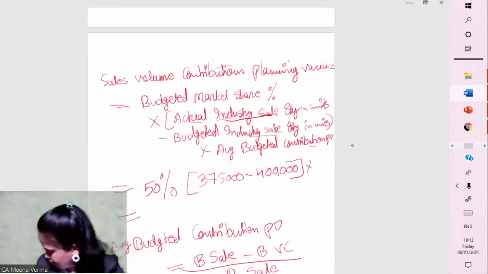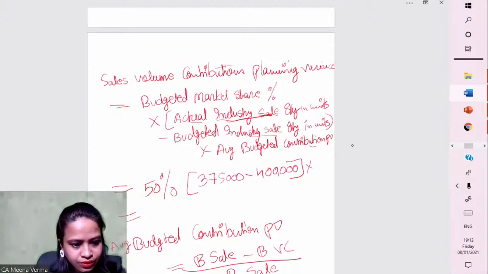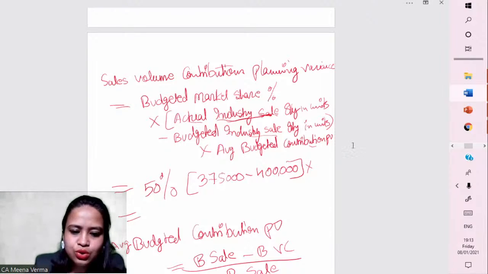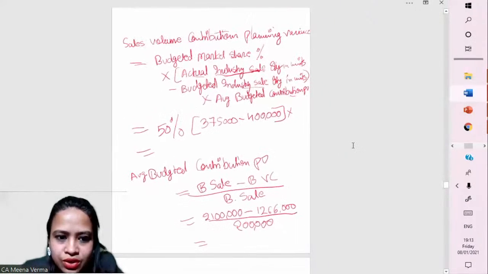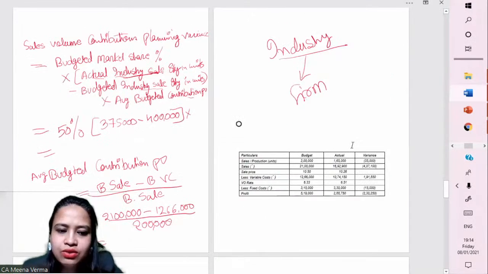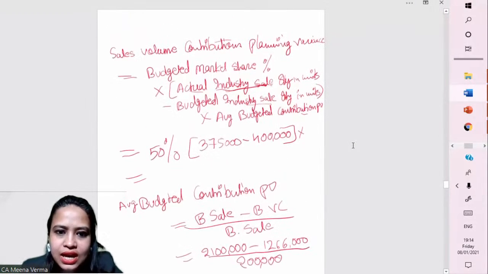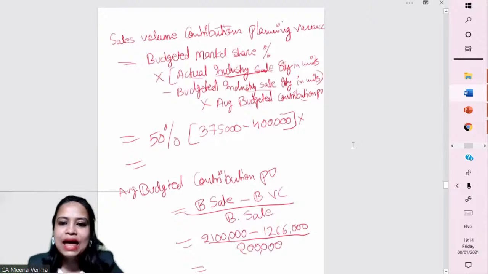Sales volume planning variance is what? Okay, you have already calculated. Very nice. Hema, very good. I want other students also to calculate this and give me the value. So this way we will get sales volume contribution planning variance.